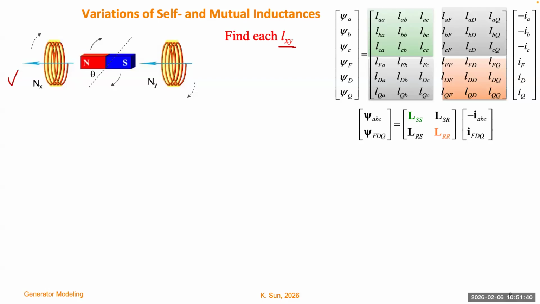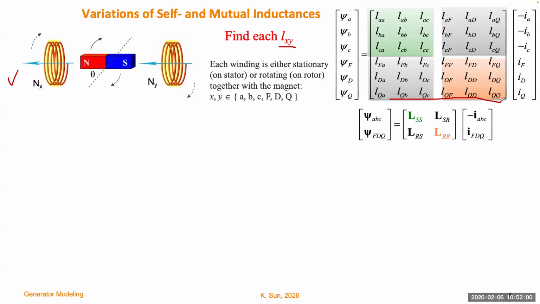We can use the same system to study any element in this matrix, to determine how we can find the expression for that L, whether it's constant or changing. Each winding can be any one from the 6: A, B, C, or capital F, capital D, capital Q.